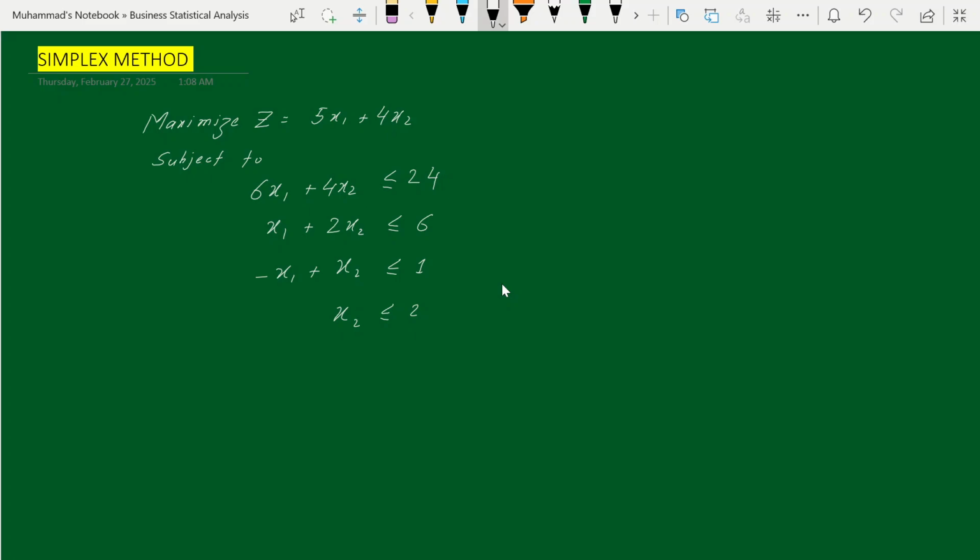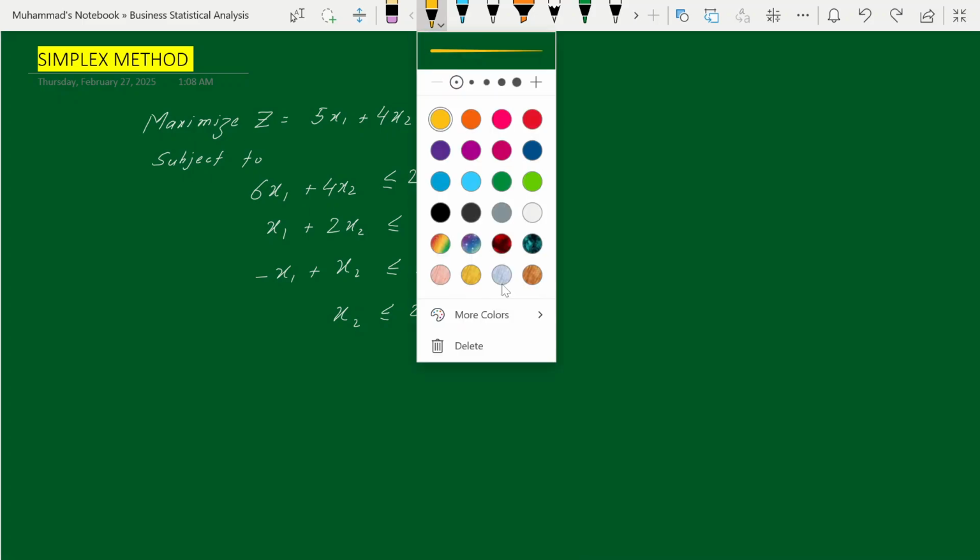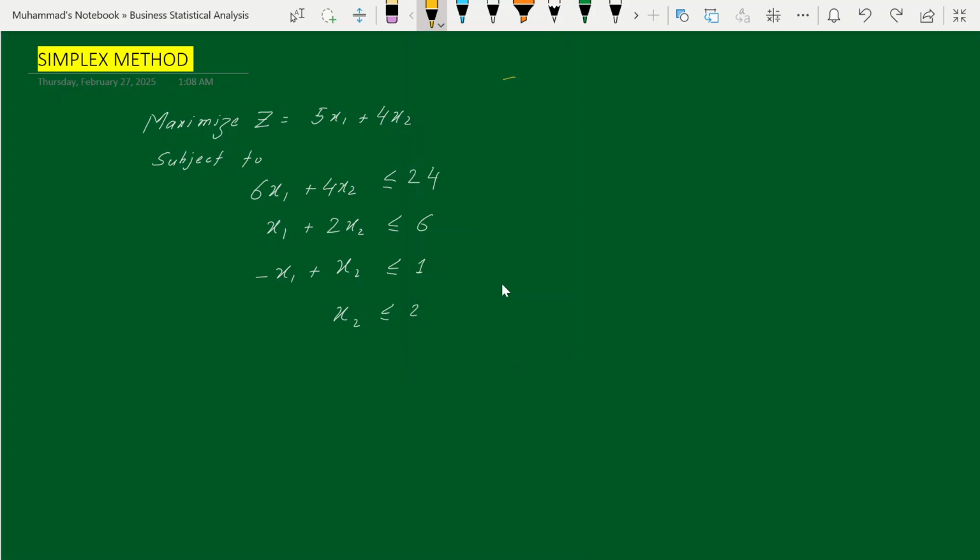The first step in the simplex method is to convert the linear programming model into the standard form. So step number one is standard formulation.